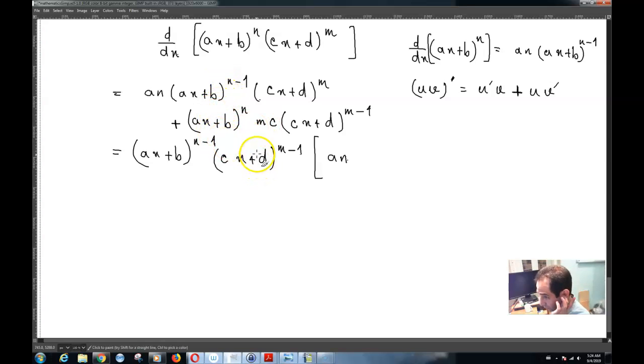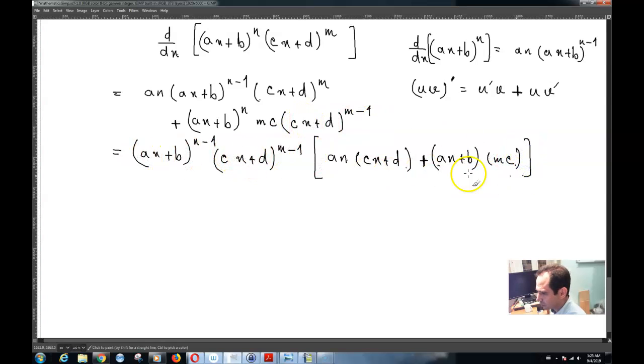And then I have (cx+d) raised to the power m minus 1, which I can write as (cx+d) raised to the power 1 times... if I multiply raised to the power 1 times raised to the power m minus 1, I will get raised to the power m, and then plus (ax+b) raised to the power n divided by (ax+b) raised to the power n minus 1 is going to give you (ax+b) times mc, and over here you have nothing.